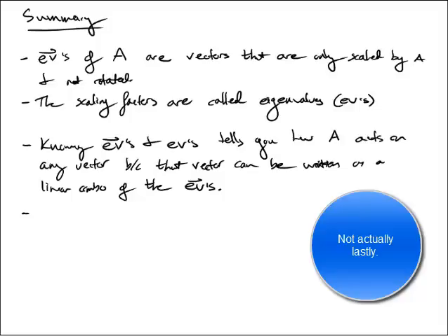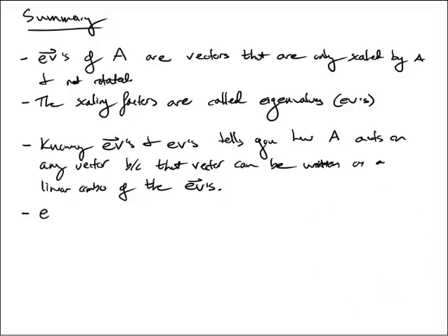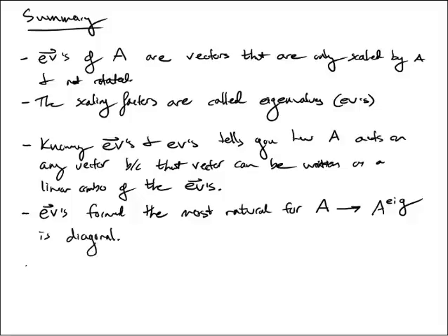And lastly, we had that the eigenvectors formed the most natural basis for A, because they caused A in the eigenbasis to be diagonal.